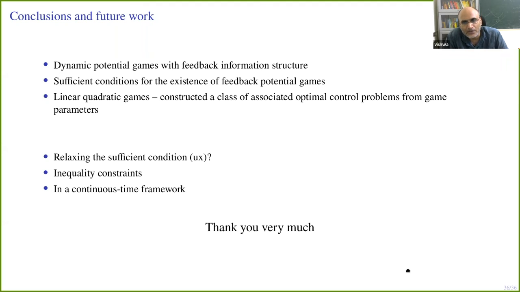We could construct optimal control problems from the game parameters only, and a family of optimal control problems whose solutions have the same optimal solution, which indeed is a feedback Nash equilibrium of the original game.